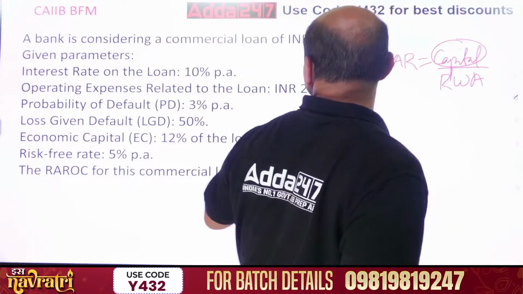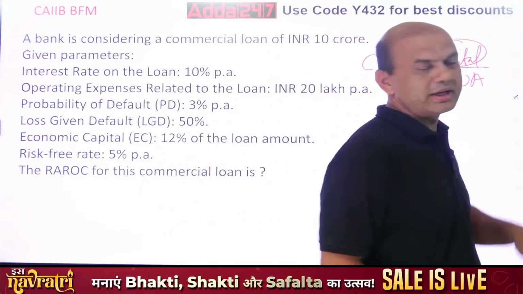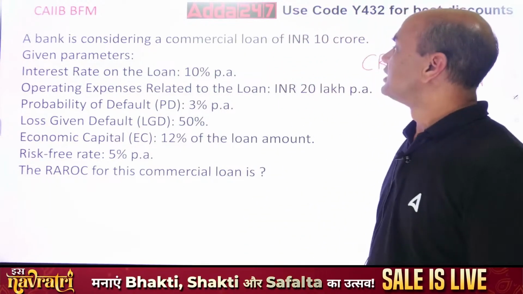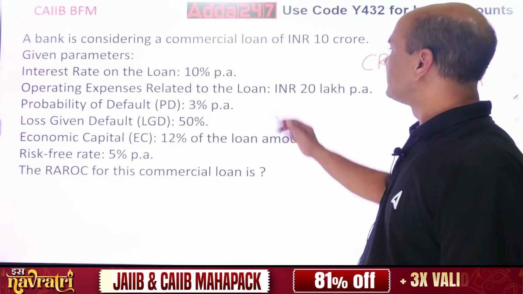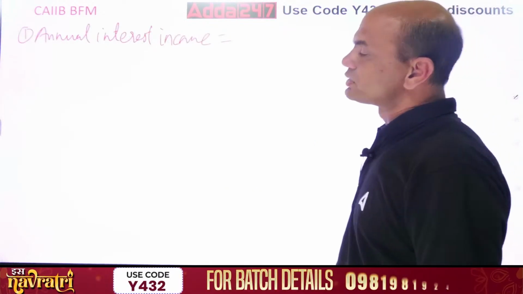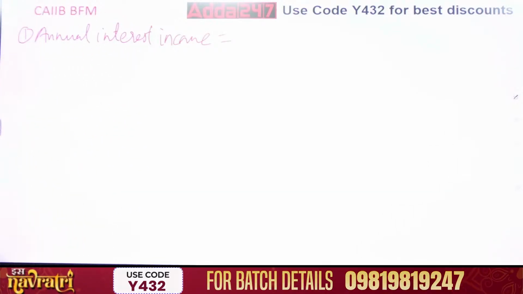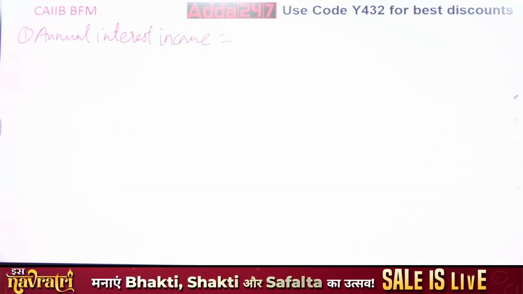Is it so? 10 crores, sorry. 10 crores, and what is the rate of interest? The rate of interest given is 10%. Okay, 10 crores, 10%. Find this. Get the answer.